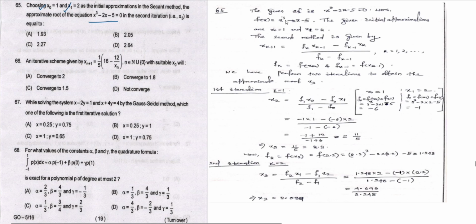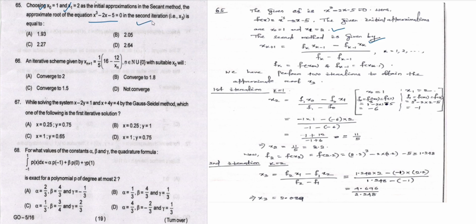So here the function f of x is x to the power 3 minus 2x minus 5. The given initial approximations are x0 equal to 1 and x1 equal to 2. The secant iterative method is given by x(k+1) equal to (f_k times x(k-1) minus f(k-1) times x_k) divided by (f_k minus f(k-1)) for k equal to 1, 2, 3 and so on, where f_k is f of x_k and f(k-1) stands for f of x(k-1).